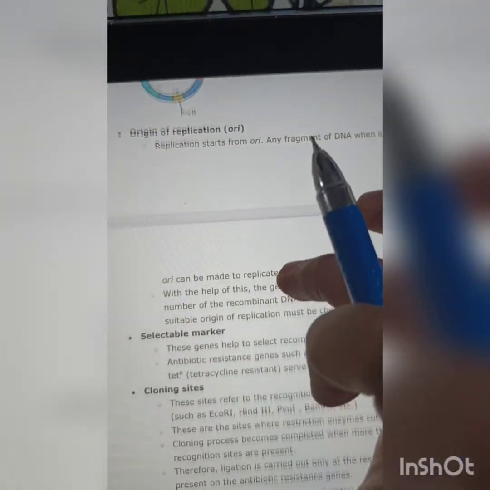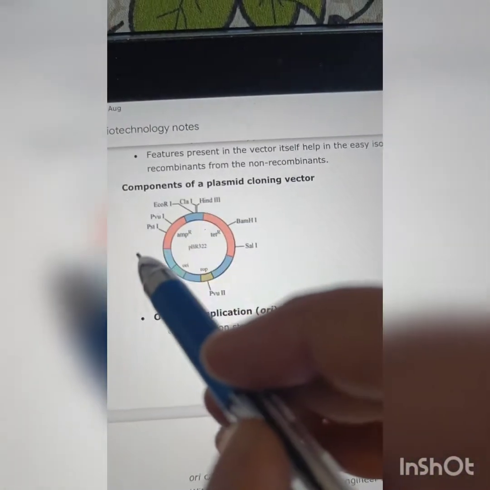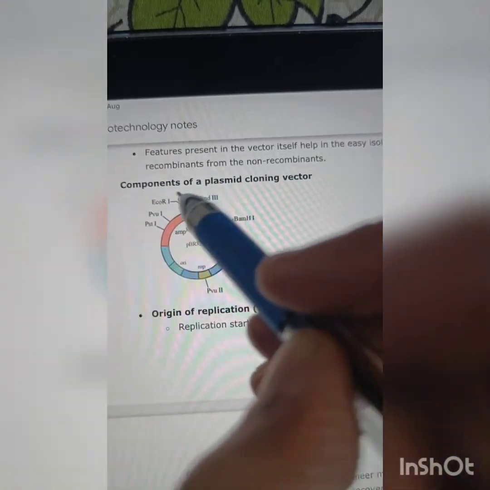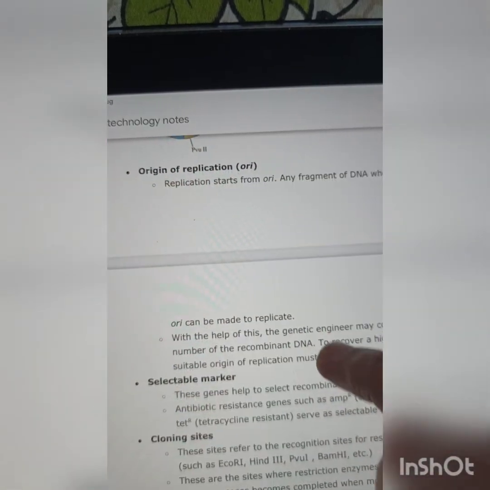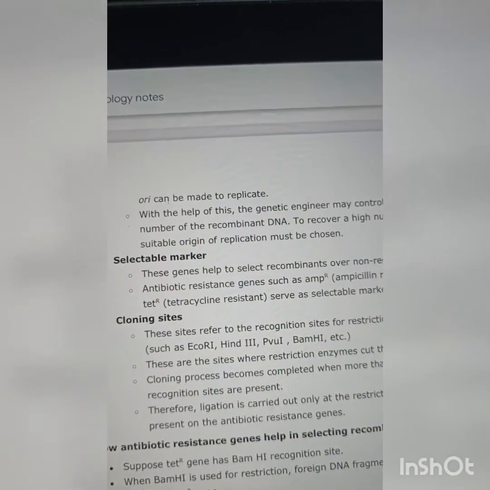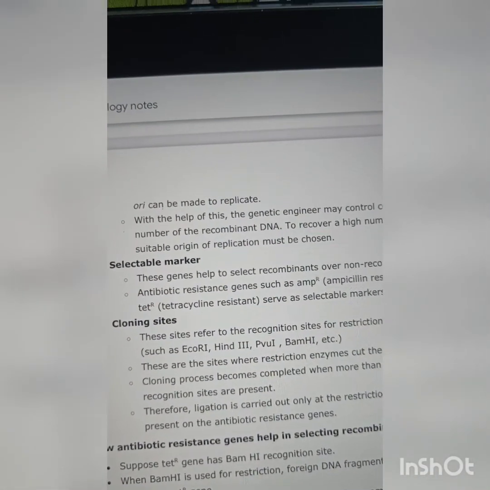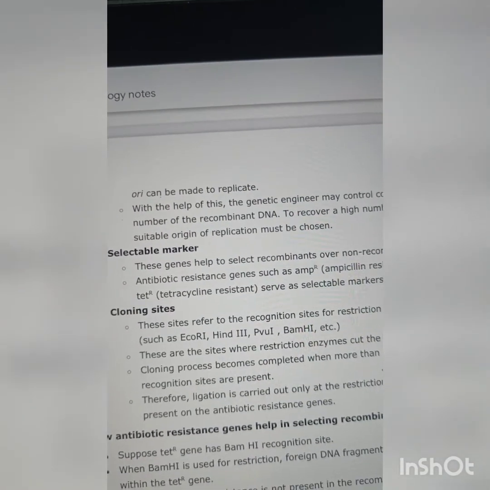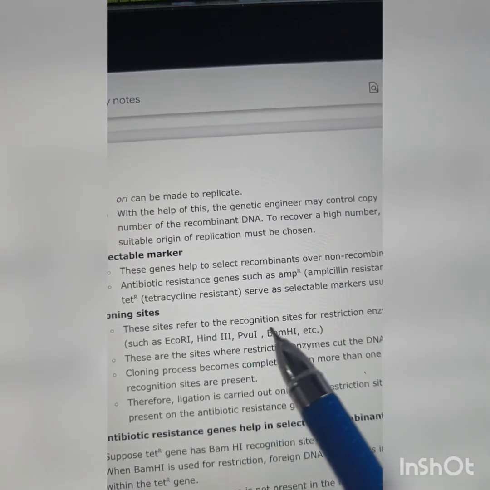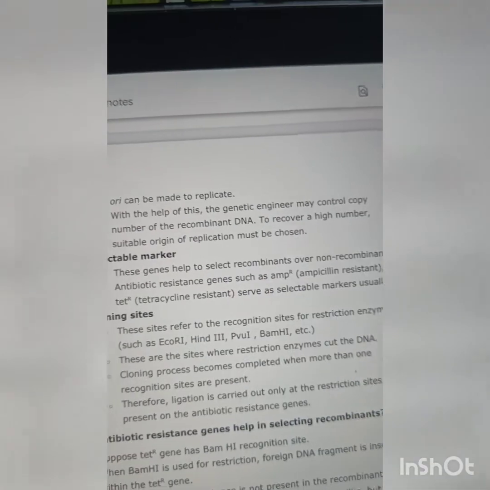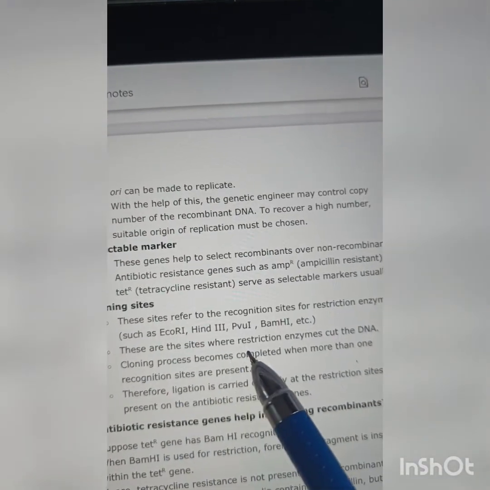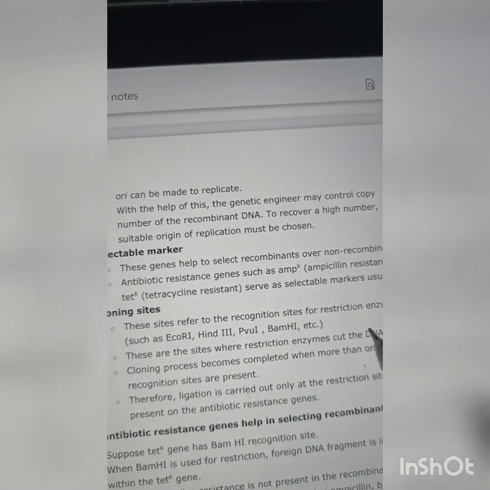Then coming to the cloning sites. I told you what the cloning sites are. These are the cloning sites for different restriction enzymes, and they can cut this vector at these different sites. So they have written that these sites refer to the recognition sites for the restriction enzymes, and these are the sites where these restriction enzymes will cut the DNA.